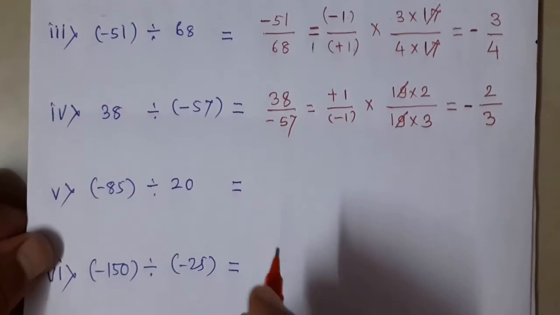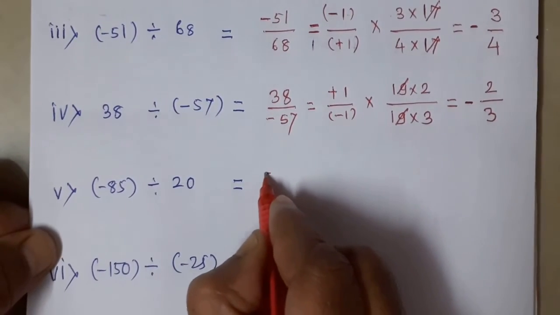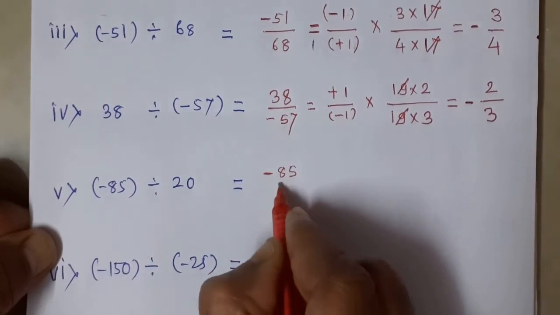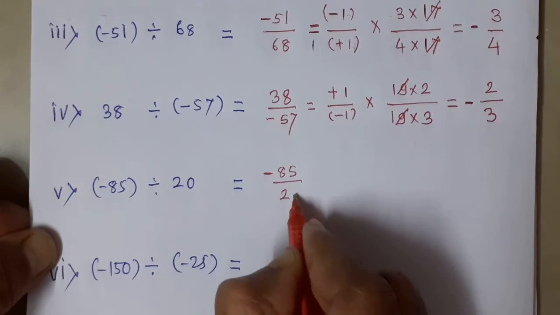The next example is minus 85 divided by plus 20.